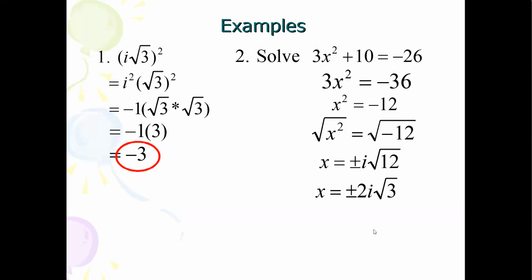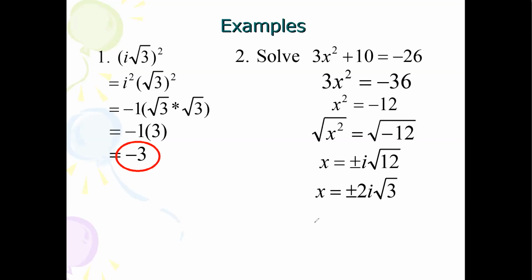You will want to note that, as you continue now and go into the topic of complex numbers, when we solve a quadratic equation that has complex roots, the two roots are always what we call conjugate pairs, meaning that, like you see here, one is positive 2i root 3, the next one is negative 2i root 3.